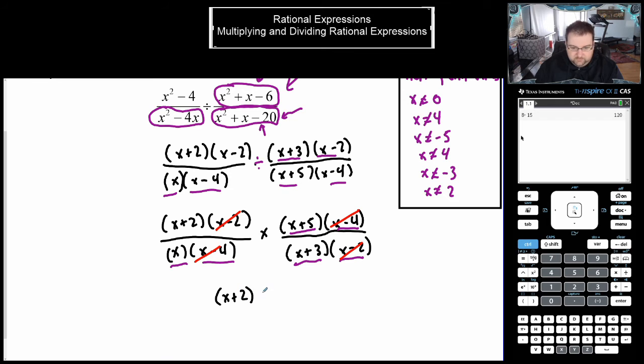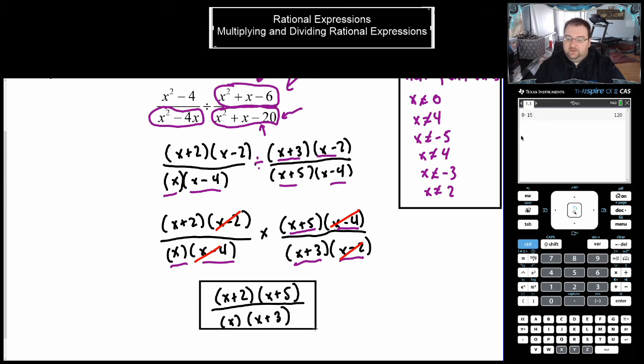X plus 2 on top, x plus 5 on top, x on the bottom, x plus 3 on the bottom. This is not quite as neat and tidy as the answers that we've been getting, but this is as good as it's gonna get for this problem. There we go, we're done. We found all of our non-permissible values and simplified as far as we can simplify.